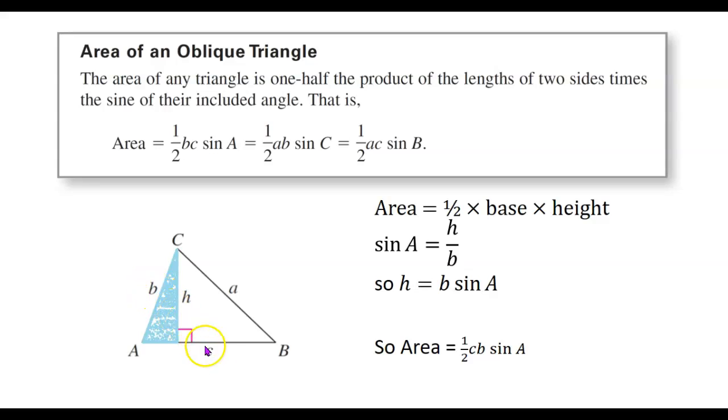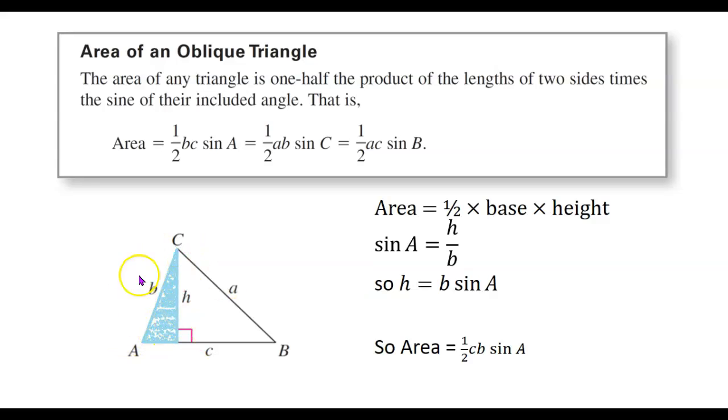Like if we know sides b and c and angle A, or sides a and b and angle C. Where these come from is that the area of any triangle is 1/2 times the base times the height. The way I've got it drawn here, the base, the side this triangle is resting on, is side c, and the height is h, the perpendicular from angle C down to side c.